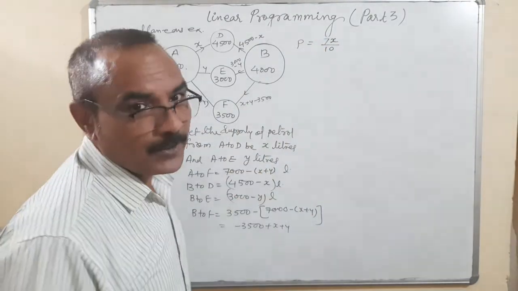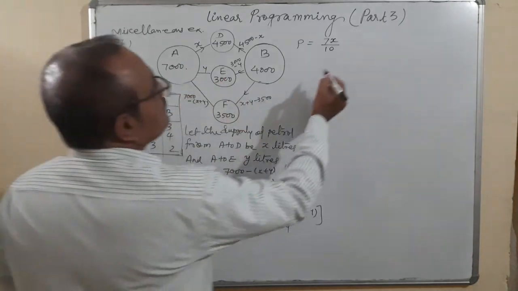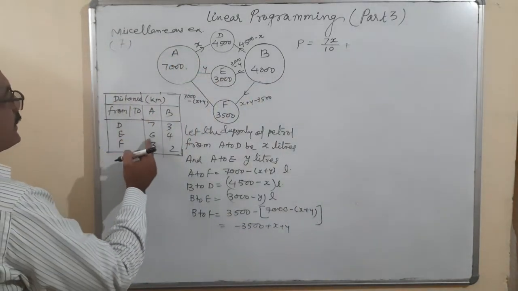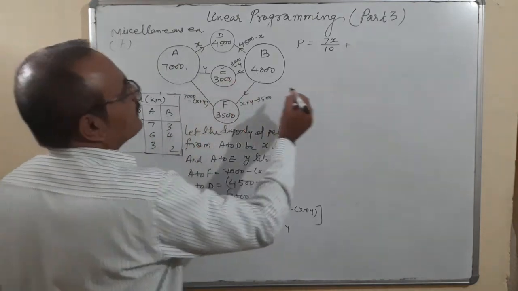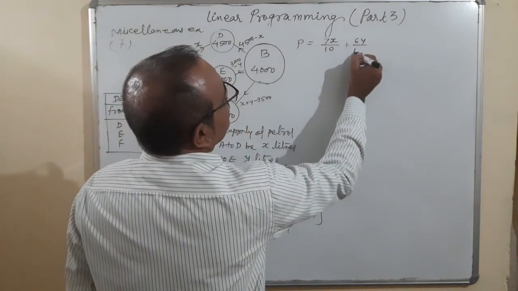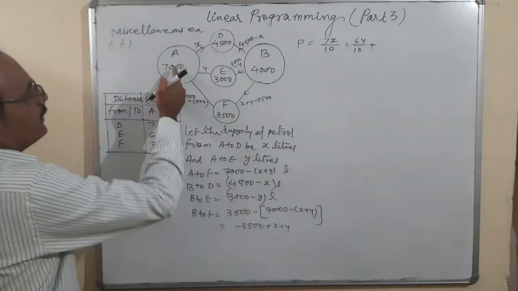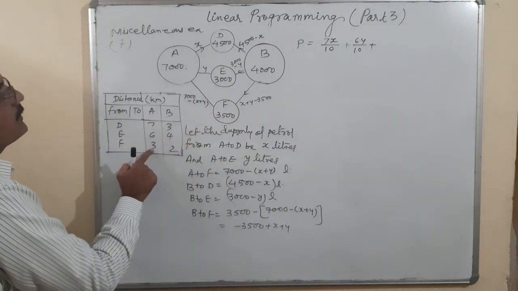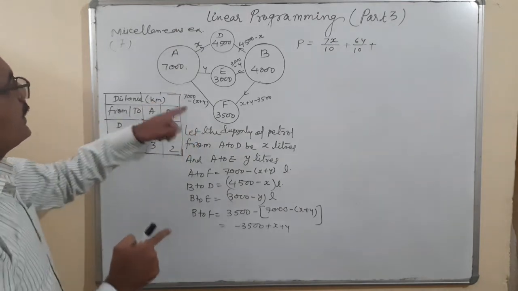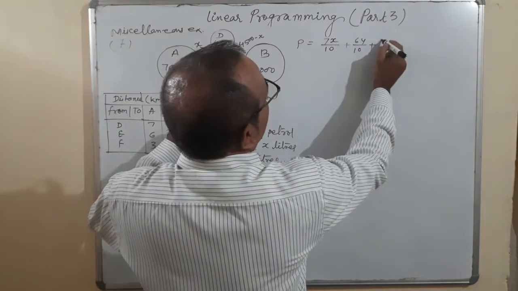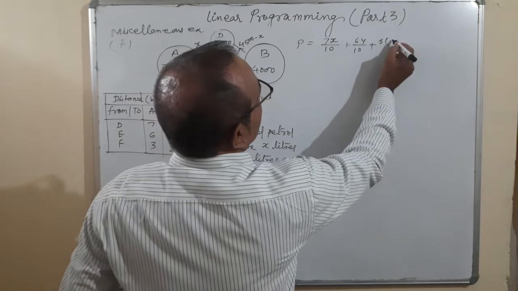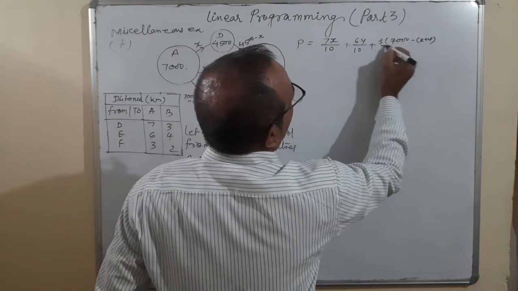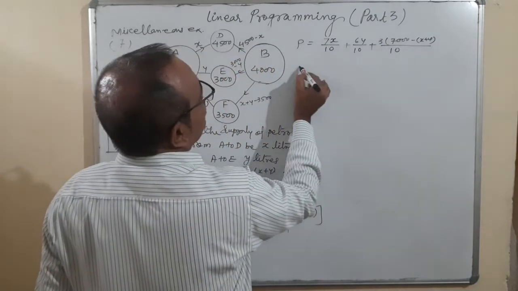So 7x upon 10 plus A to E 6y upon 10 plus A to F 3 multiplied by 7000 minus X plus Y upon 10 plus.